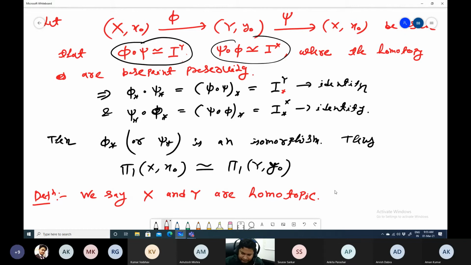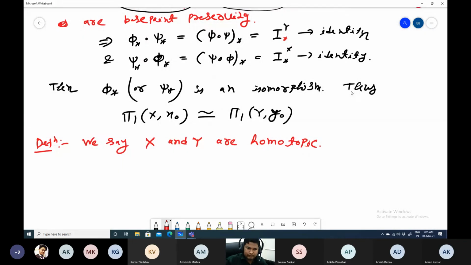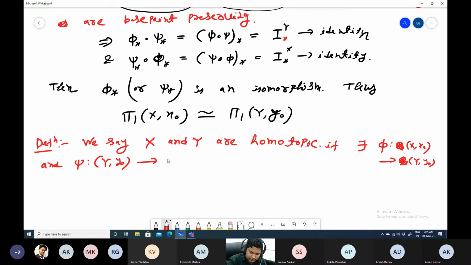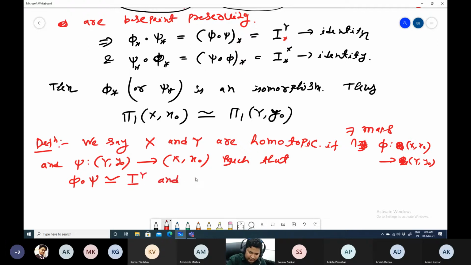So note that here, if there exist maps phi from (x, x0) to (y, y0) and psi from (y, y0) to (x, x0) such that phi compose psi is homotopic to identity and psi compose phi is homotopic to identity.